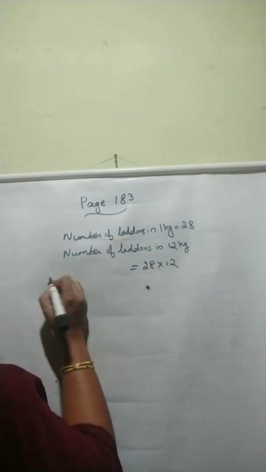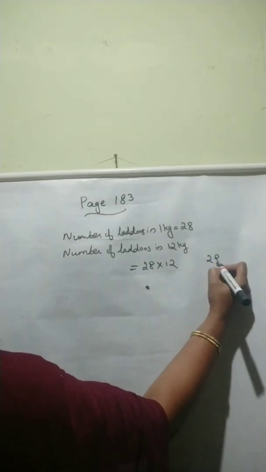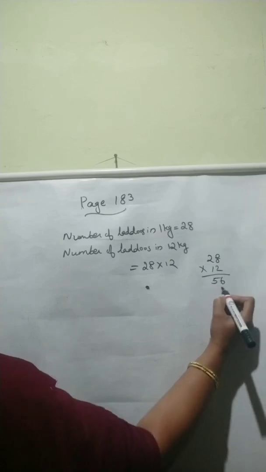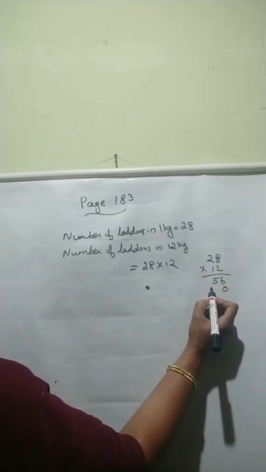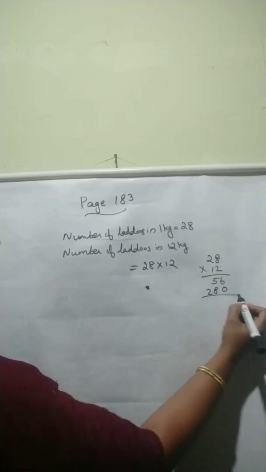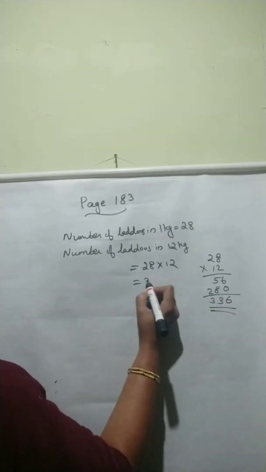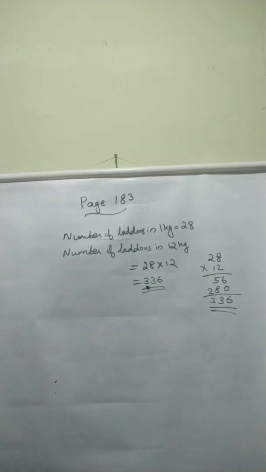Now we can multiply that. 28 multiplied by 12. 28 times 2, that is 56. Next 0. 28 multiplied by 1, that is 28 itself. Then 6. 336. Total number of ladoos are 336.